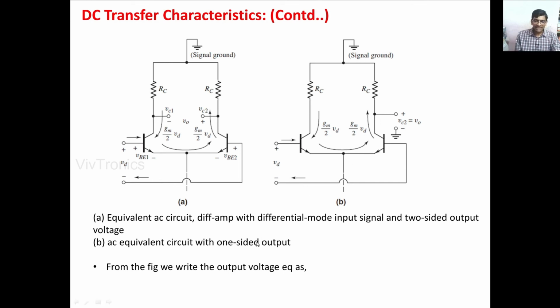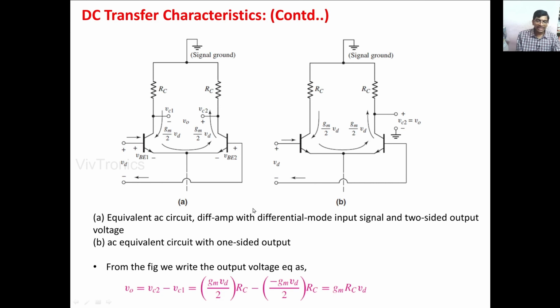The one-sided output is also called unbalanced output. If you take the output across one collector terminal with respect to the ground, that is called the unbalanced output configuration, and the output equals the voltage at that collector node with respect to the ground. Here V0 is equal to VC2.